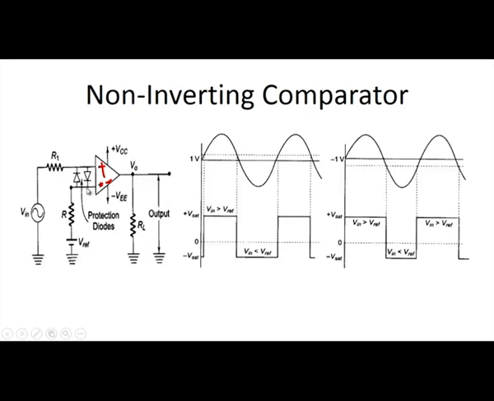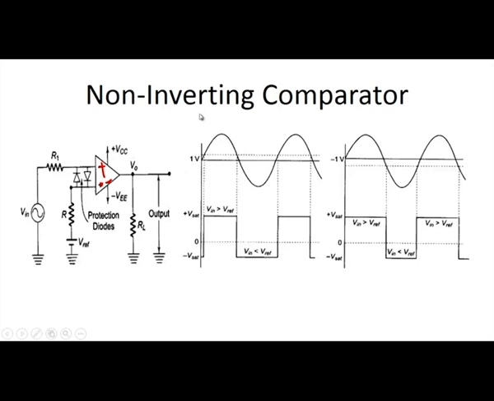If the voltage at the negative terminal is higher, you get negative V saturation. This is the function of a comparator, whatever the reference voltage may be.